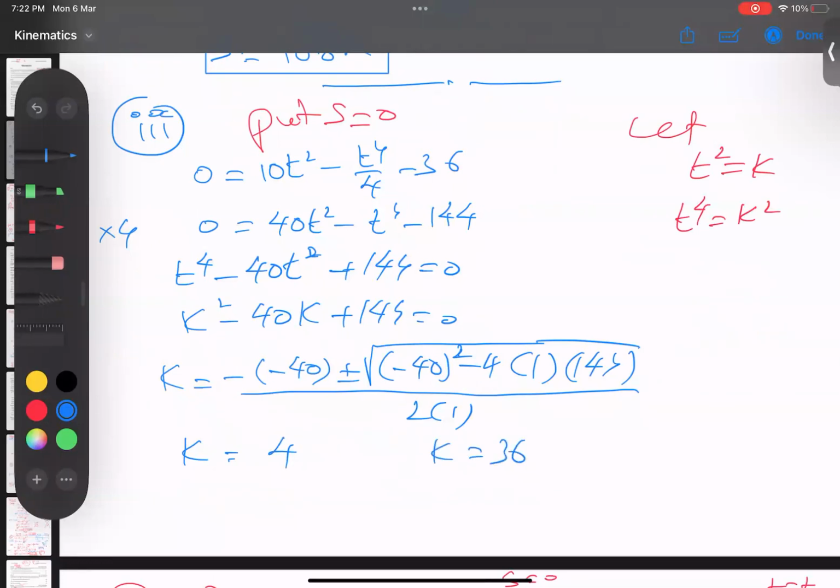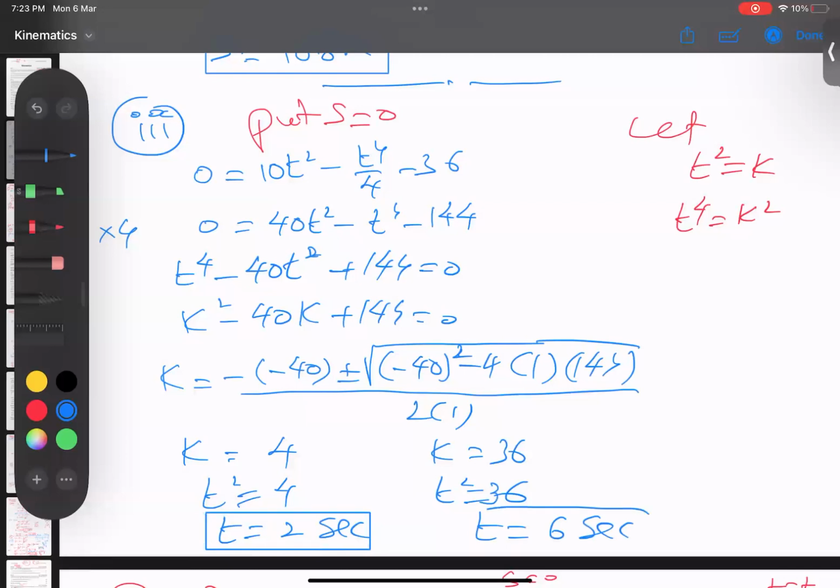The game is not finished. I plug this value back and get t to the power 2 equal to 4 and t to the power 2 equal to 36. Taking the root of both sides, I get plus and minus 2, but negative time is never possible, so the only time is 2 seconds. And here I take the root of 36 and get 6 seconds. So there are two possibilities, two times.